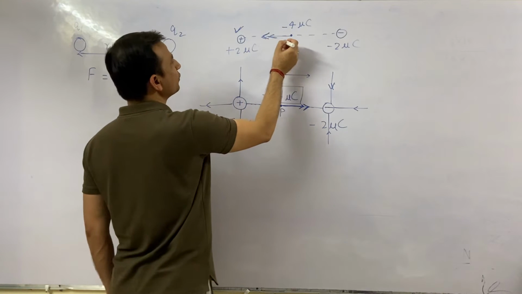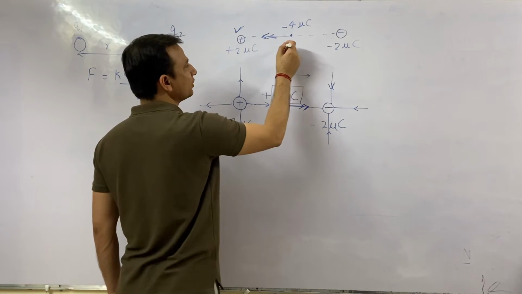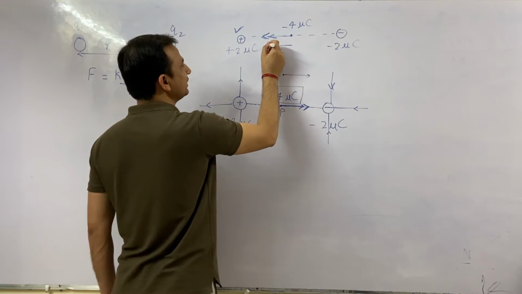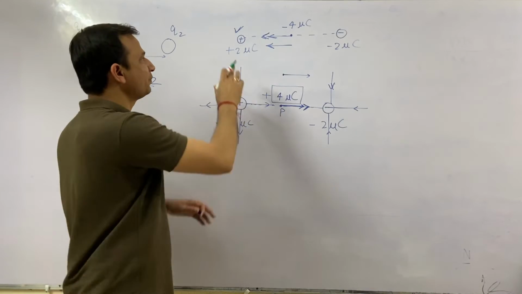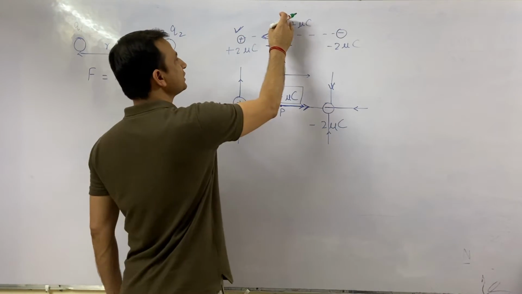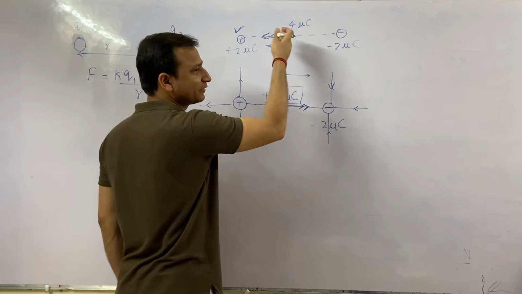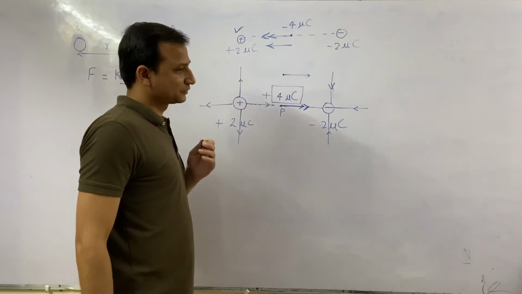So overall force acting on this minus 4 microcoulomb charge is towards the left side. So depending on the position of the charges and the nature of the charge which is kept in between the two charges, the direction of force will change.